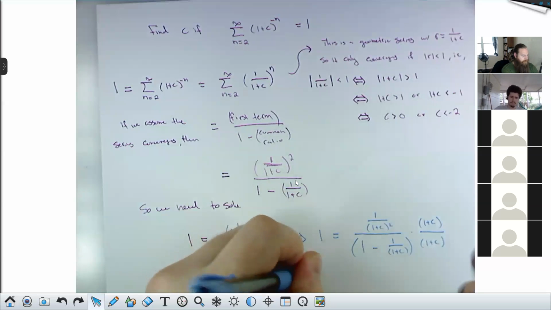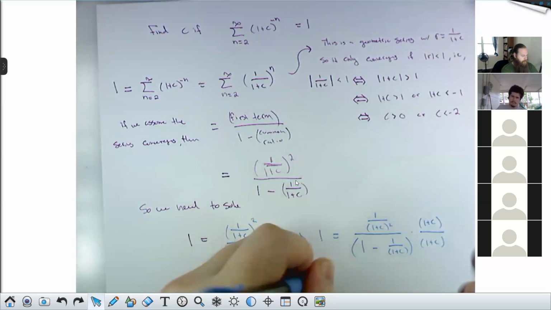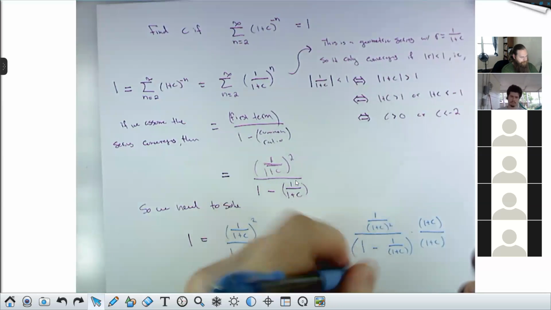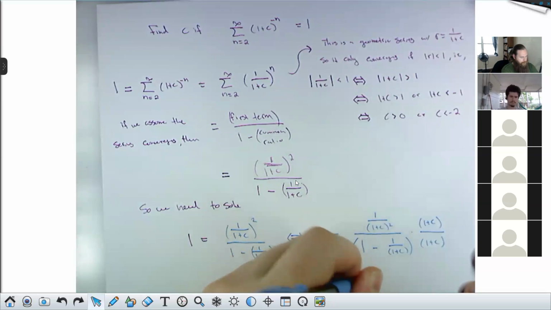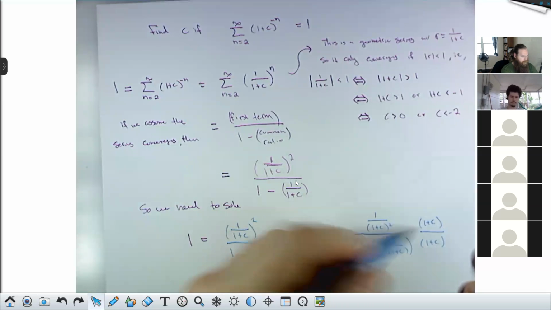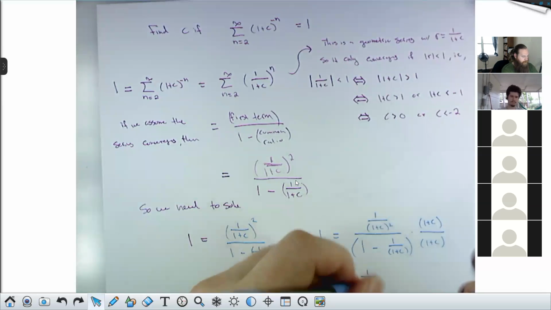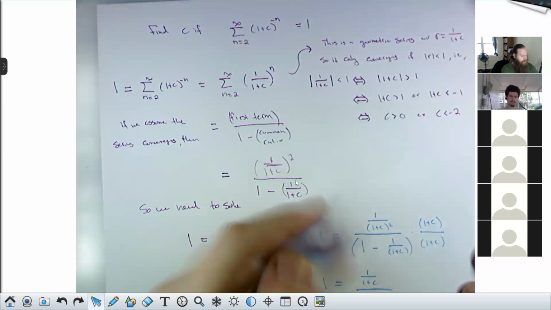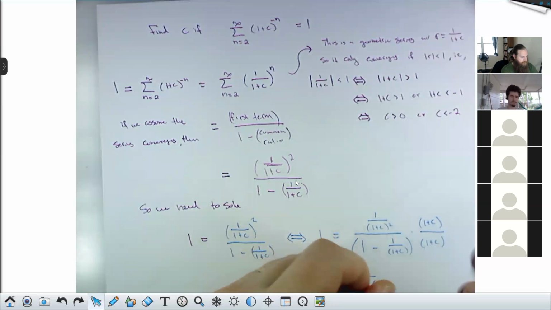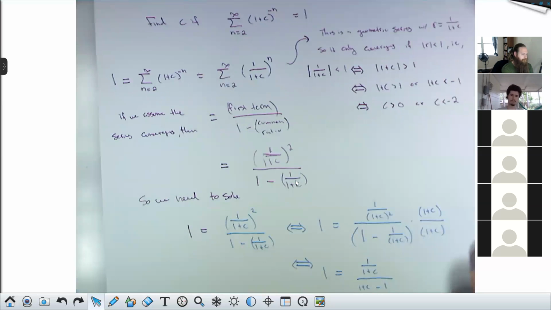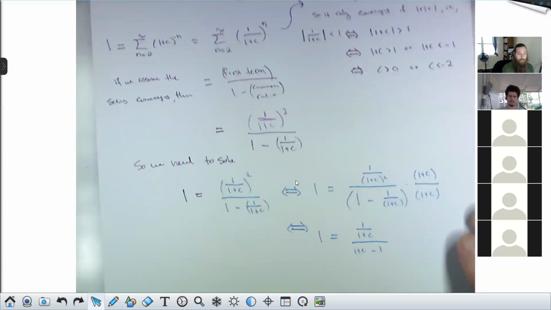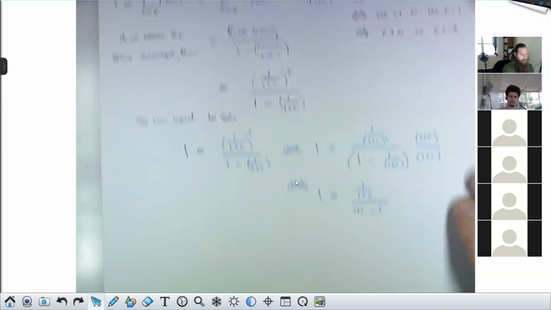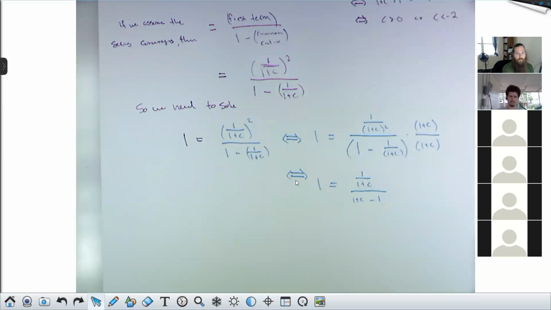So that is equivalent to saying 1 equals 1 over 1 plus c, that this will cancel one of those, divided by, when I distribute this here and here, I'll get 1 plus c minus 1. There's other ways to do this too, but I think this is the fastest.